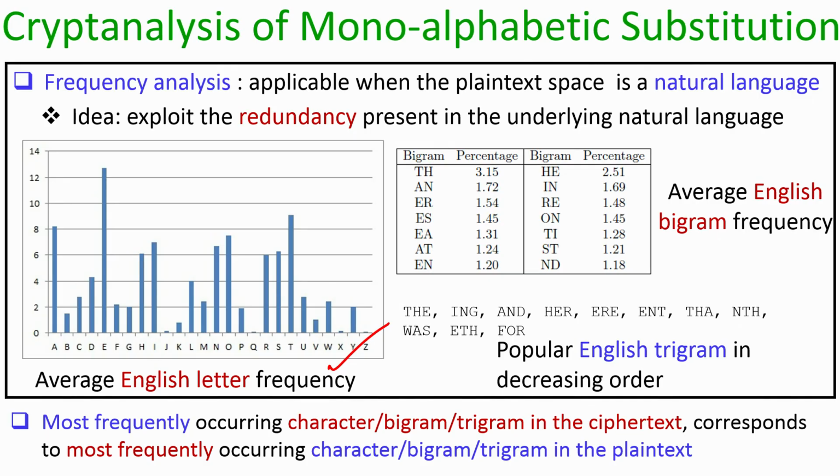So, for instance, imagine that after preparing this chart, the adversary finds out that the ciphertext character R occurs the maximum number of times. So, the adversary can think in his mind that the ciphertext character R corresponds to the plaintext character E, and so on. In the same way, the relationship between the most frequently occurring ciphertext bigram and the most frequently occurring plaintext bigram is preserved, and so on.